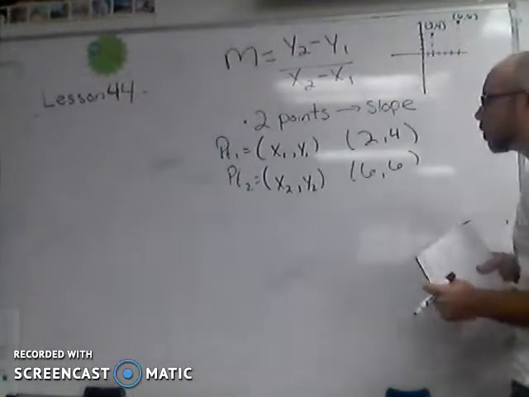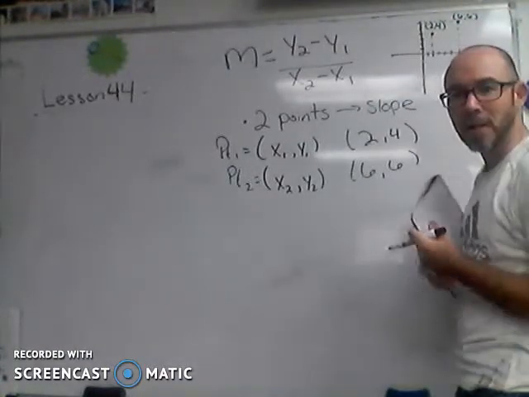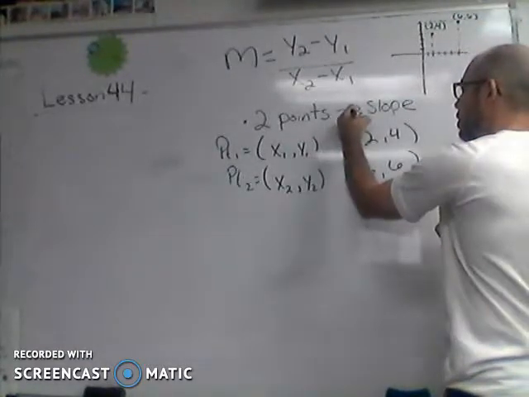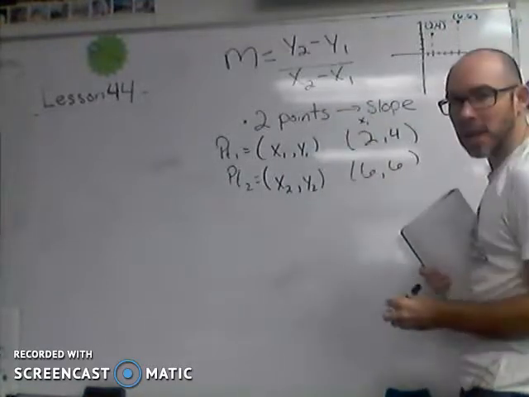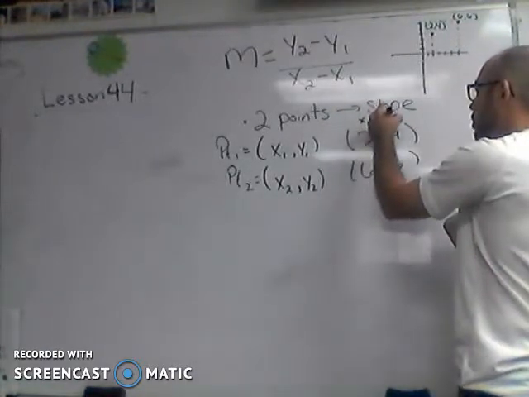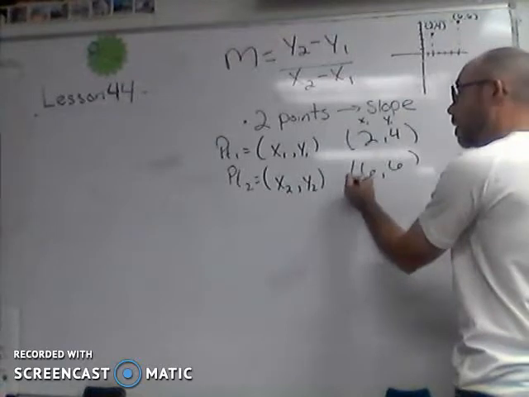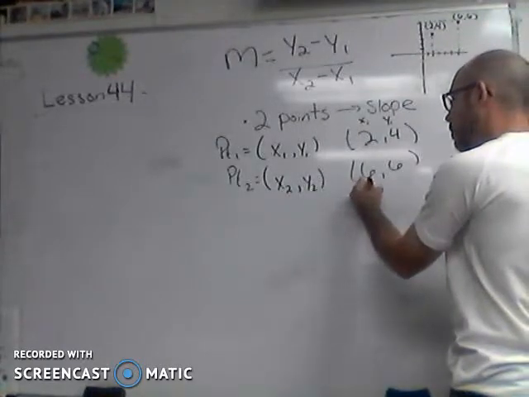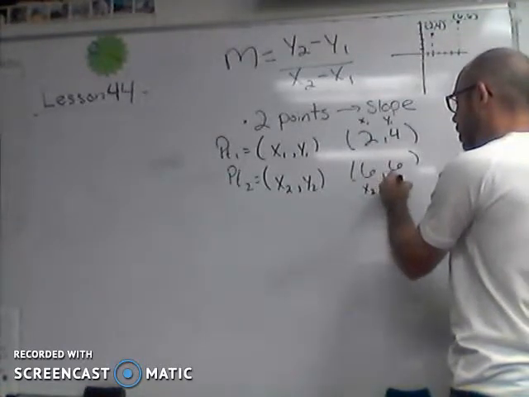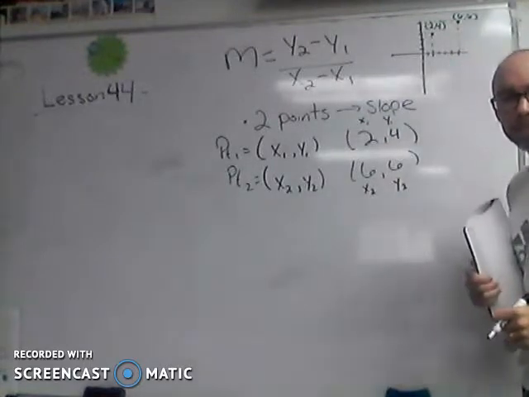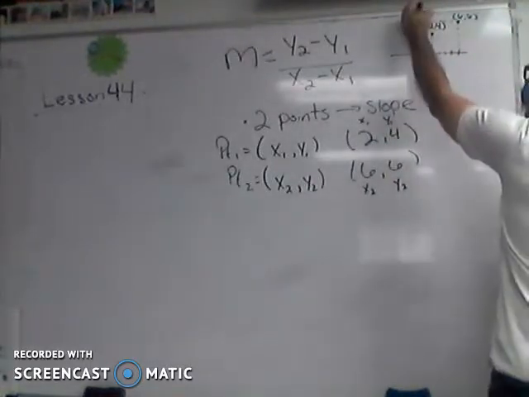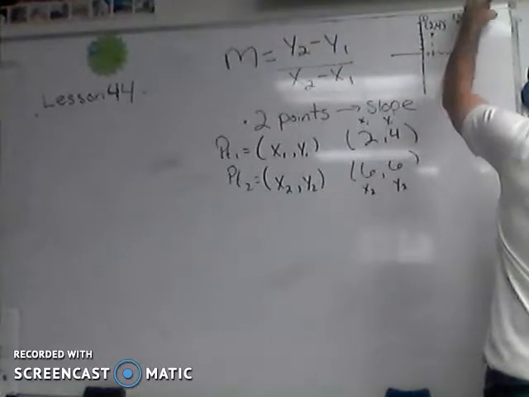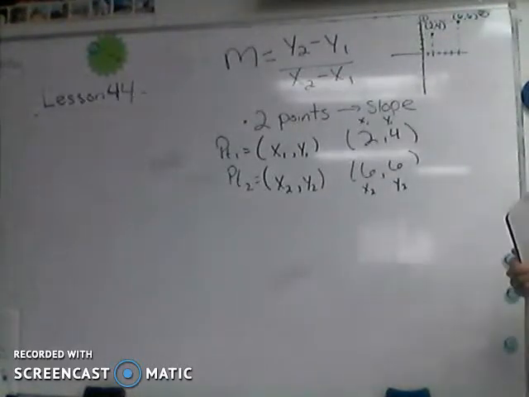So once I've got those points down, I just have to define them. I have to see that 2 is going to be my first x, and 4 is going to be my first y. And I have to define this point as being, there's my second x, and there's my second y. Okay? So I'm calling this one right here point 1, this one right here point 2.